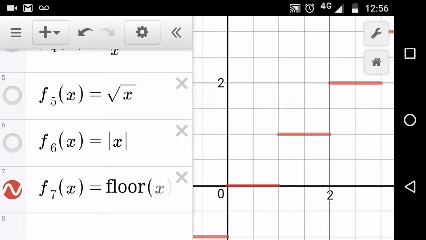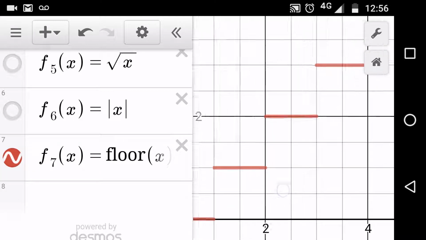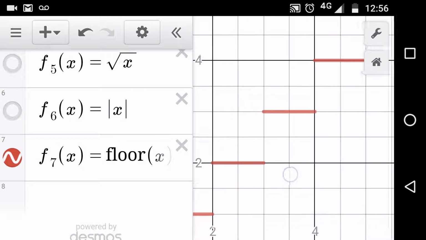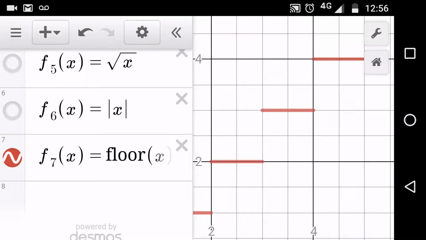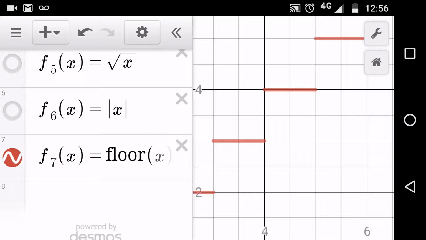Now, the value is the same for 1.5, just 1. But if you have a number like 2.1 over here, then the integer part is 2. And so, depending on the value of the real number, you are making something like a step function, because it looks like a staircase.